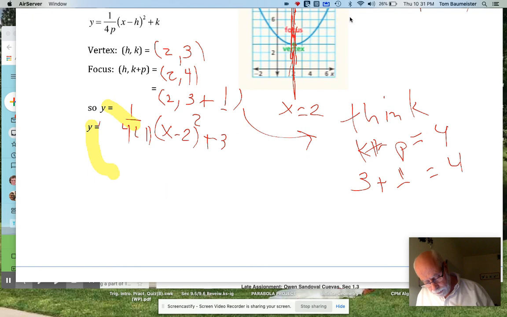So this one right here, because of my great handwriting, what's 4 times 1? We are going to say 4 times 1 is 4. So our answer is going to be 1 over 4, okay, (x minus 2) squared plus 3.